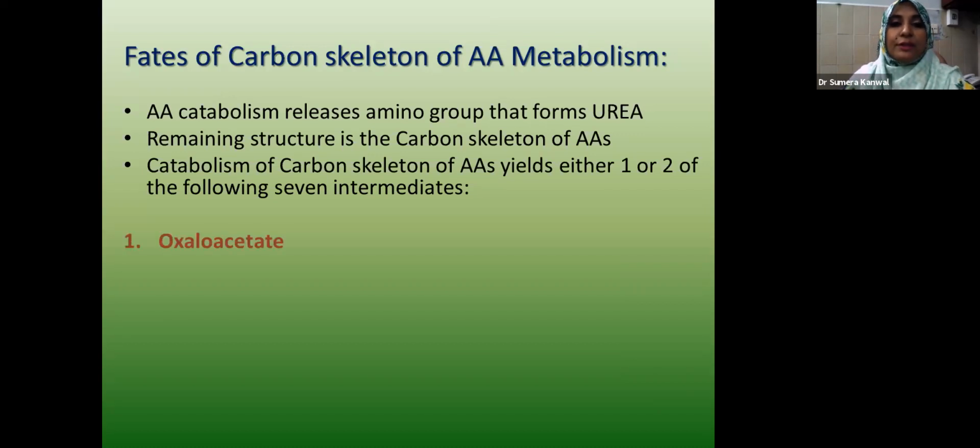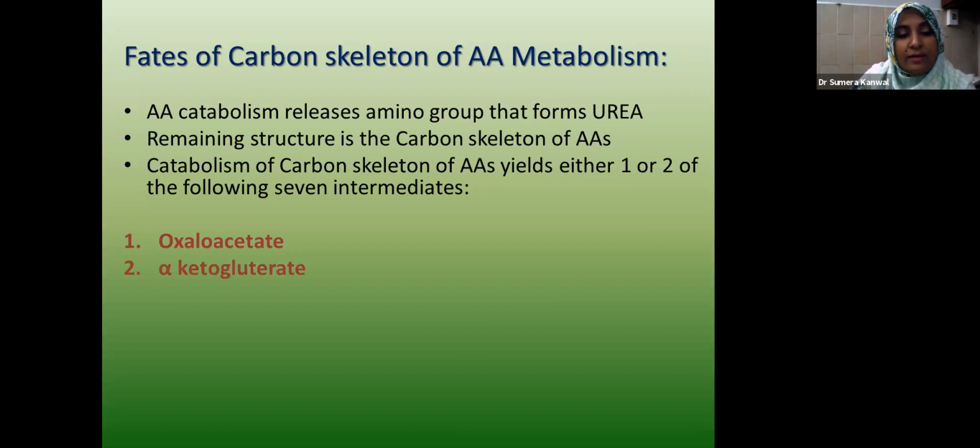For example, the first one is the oxaloacetate, which is coming from the degradation of some amino acids, and this oxaloacetate is involved in the Krebs cycle, TCA cycle. The first step of the Krebs cycle is utilization of oxaloacetate. This oxaloacetate can also convert into glucose by the process of gluconeogenesis.